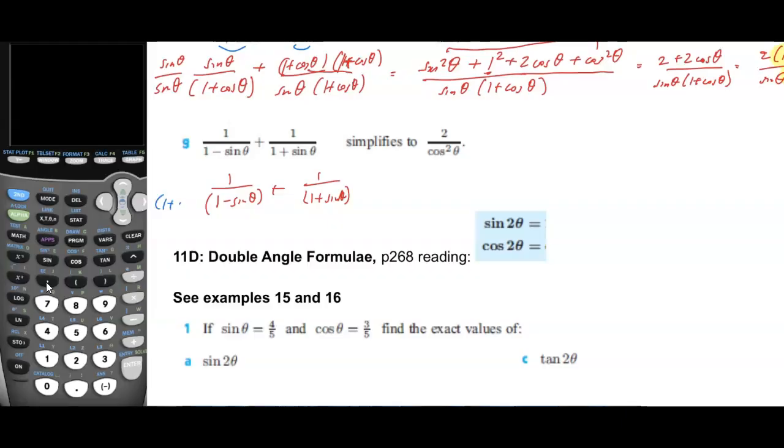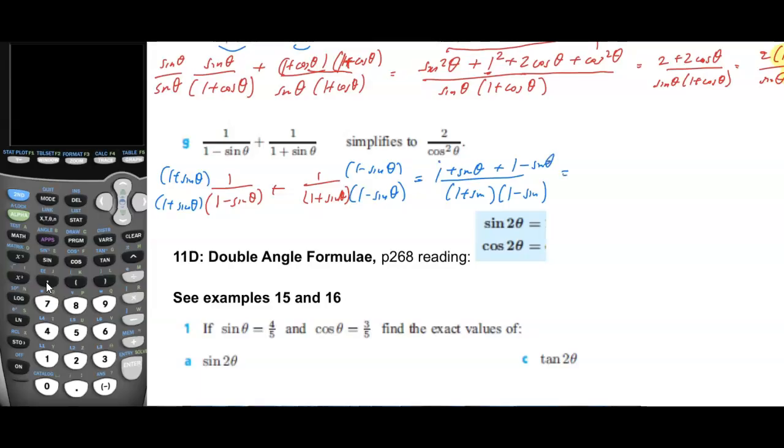Now I'm going to multiply by something that would give both a common denominator. Now the bottom is a common denominator. It would be 1 plus sine times 1 minus sine. I abbreviated by not writing the thetas for now. The first term would be 1 plus sine theta because it's just multiplied times 1. And the second one would be 1 minus sine theta.